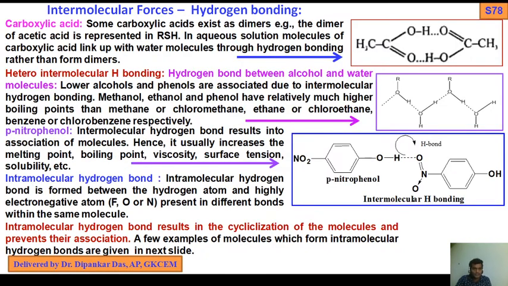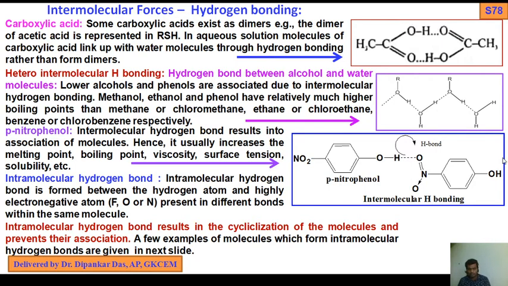So intramolecular hydrogen bond is formed between the hydrogen atom and a highly electronegative atom, fluorine, oxygen or nitrogen, present in different bonds within the same molecule.